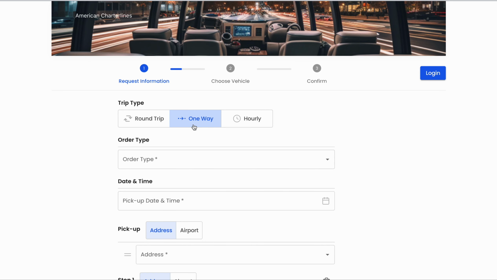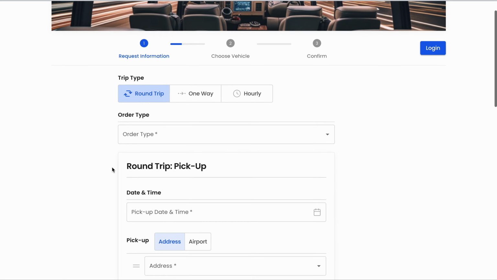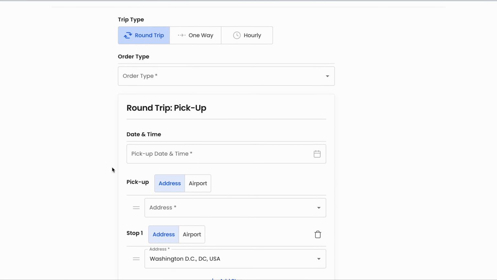What I've noticed is that the one way and the round trip only take into account the distance, so the mileage. And the one way does not take into account the total mileage, right? The round trip takes into account each trip and says, okay, here's the total miles for each trip.